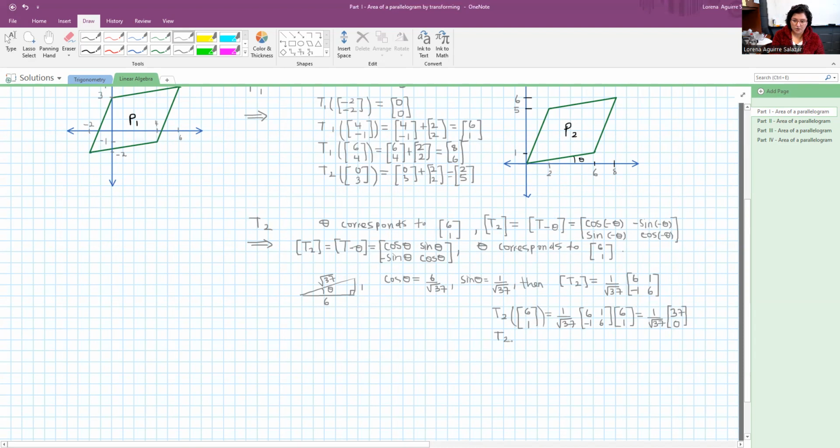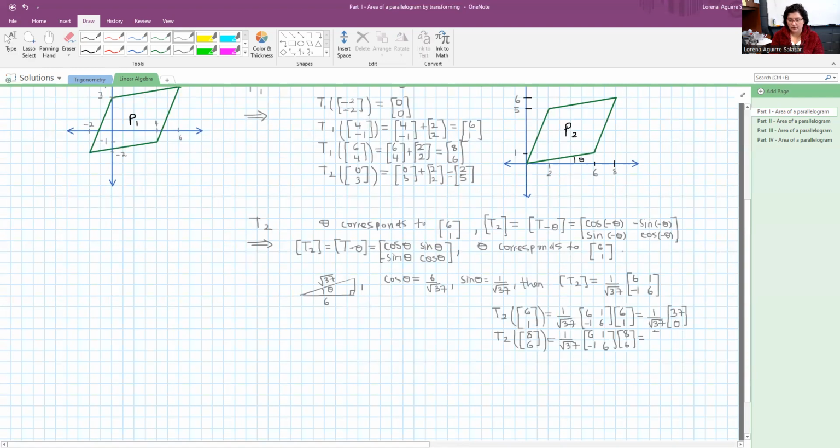Now when we apply T2 to the next vertex, 8 in x and 6 in y, we obtain 1 over root of 37 times the matrix with first row 6, 1 and second row negative 1, 6, multiplied by 8, 6. Here we obtain 48 plus 6, that's 54.